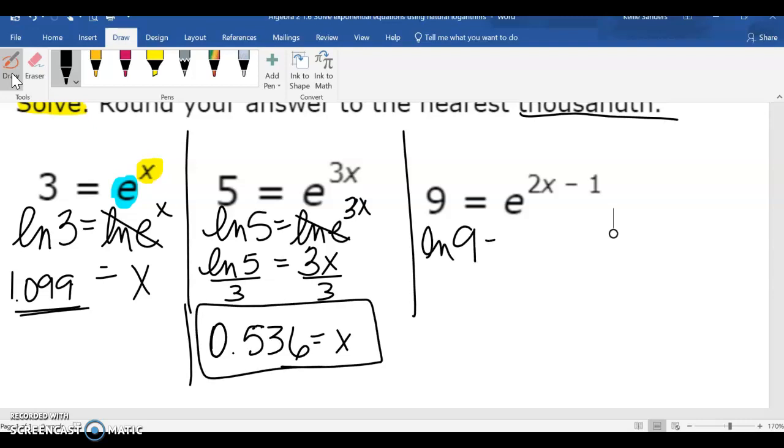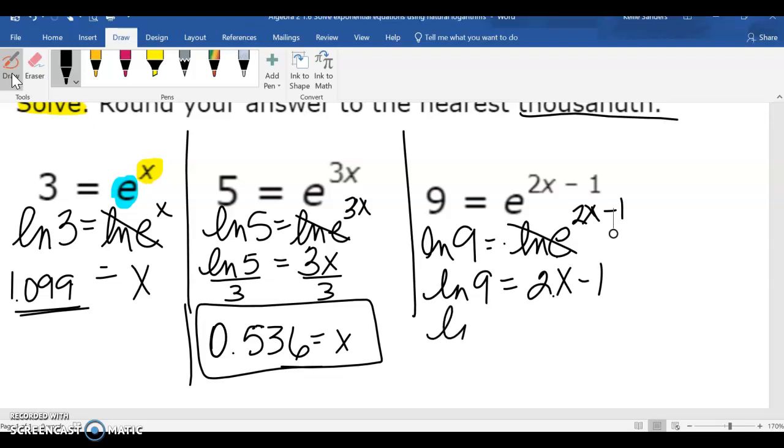Natural log 9 equals natural log e to the 2x minus 1. Those cancel out. Natural log 9 equals 2x minus 1. So we're going to do natural log 9 plus 1 equals 2x, because we've got to get the x by itself, so we add 1 to both sides.